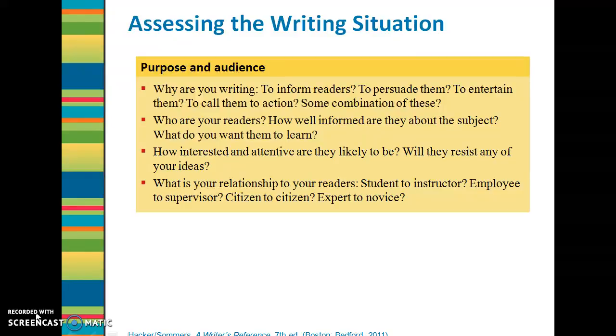Local newspapers are typically written to an audience at an 8th grade reading level, because many in the area don't have much education, and it is important that the local readership be able to understand the local newspaper. All of those things are important to consider: who's going to be reading what you're writing.